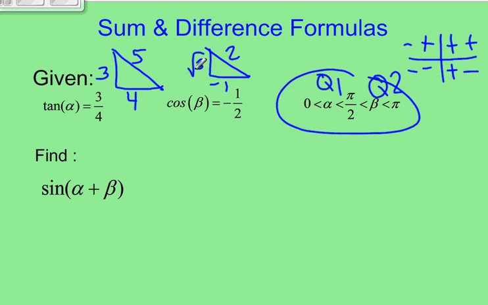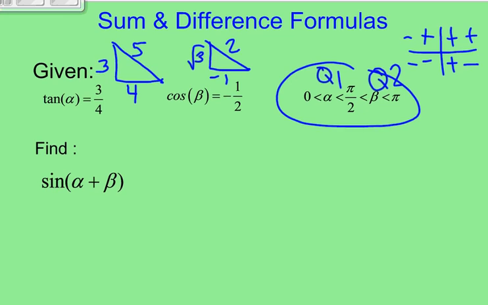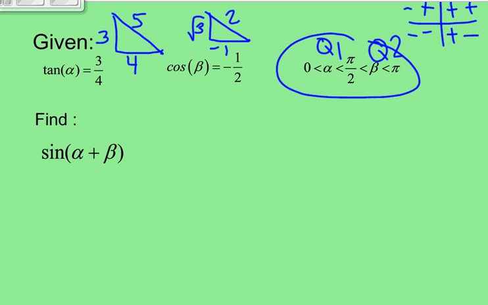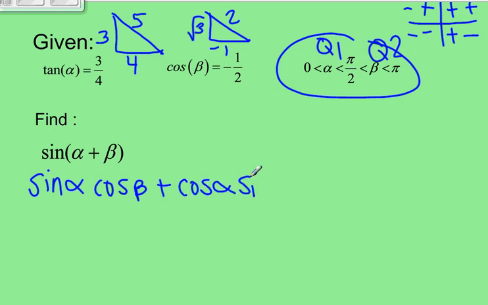Okay, and now we're going to follow our formulas. So we've got sine of alpha cosine beta plus cosine alpha sine beta. So this is my alpha triangle and this is my beta.